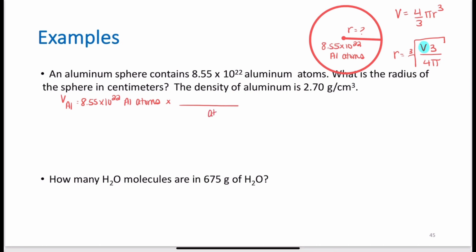I'm trying to cancel out my atoms of aluminum and get to moles of aluminum. I know that 1 mole of aluminum contains 6.022 times 10 to the 23rd aluminum atoms. This cancels out my aluminum atoms, and now I'm in moles of aluminum. Now I can use the atomic weight of aluminum, straight from the periodic table.